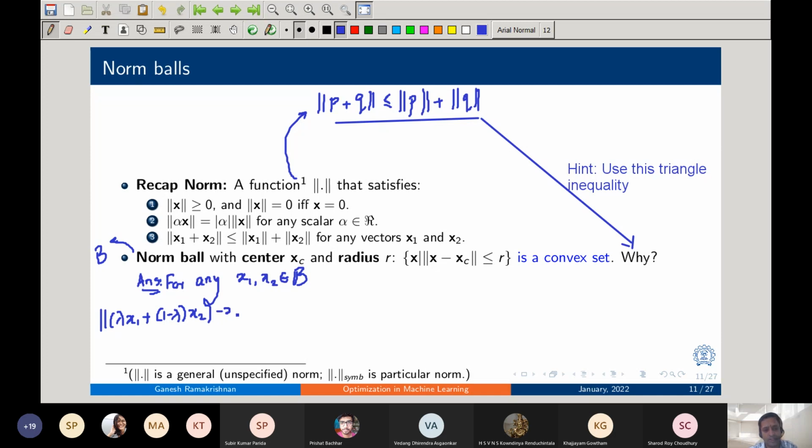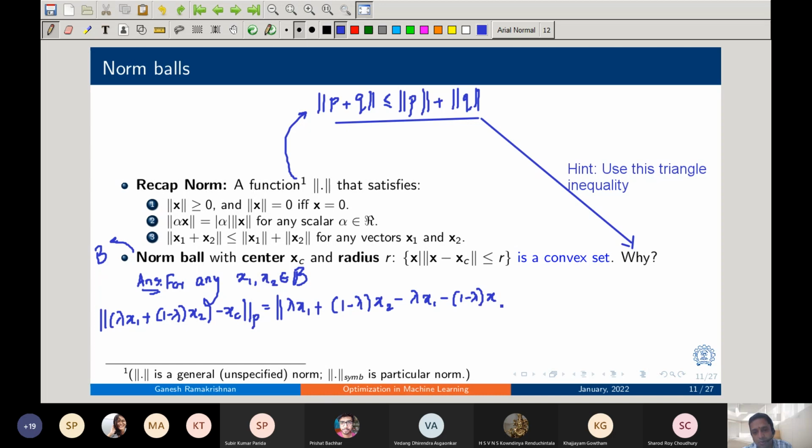The whole thing minus xc. For this arbitrary p, I don't want to do a square and expansion because I don't know the right value of p. It's for any norm ball. But these are important tricks. We'll expand this: lambda x1 plus 1 minus lambda x2, but I'm going to expand the xc part, minus lambda xc minus 1 minus lambda xc.